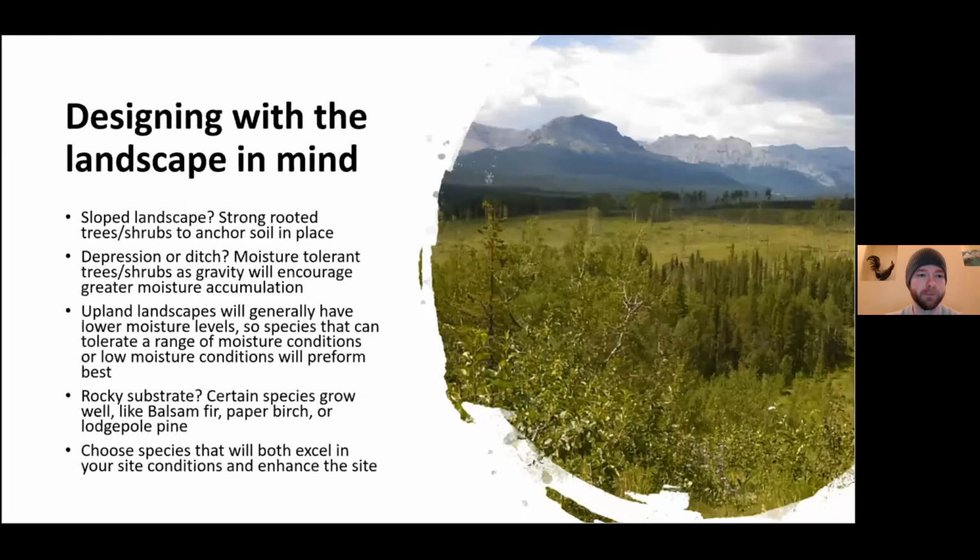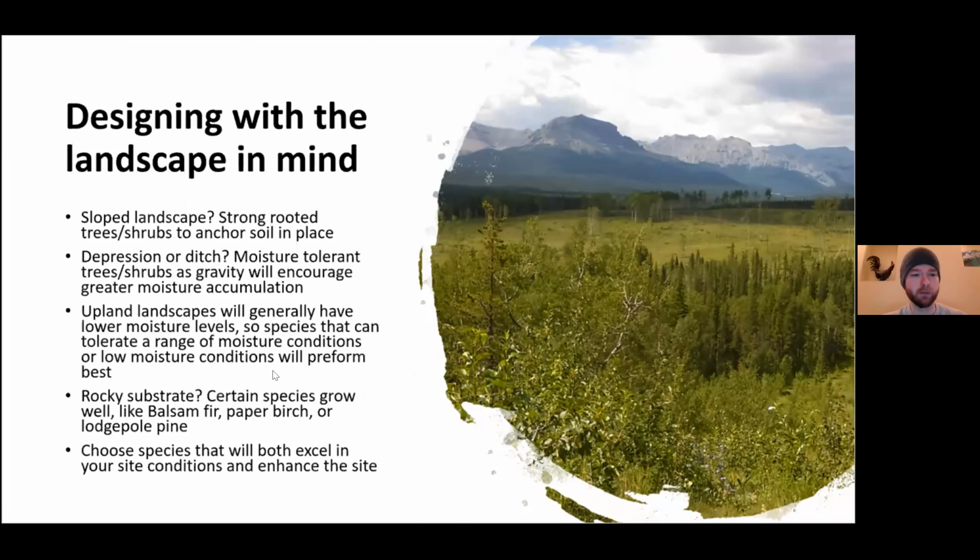Okay, so working with the landscape, that's how you want to go about designing your shelter belt. There are different topographical features, the lay of the land as far as the contouring, and the general makeup in terms of substrate conditions and moisture conditions.